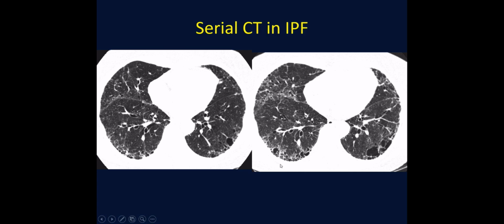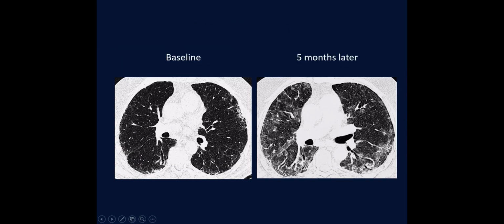Areas of reticular abnormality progress to honeycombing, and there is increasing extent of reticular abnormality. Here's a patient with UIP, confidently diagnosed, baseline, comes in short of breath 5 months later, gets, as you would expect, a CT that shows diffuse ground glass abnormality superimposed on the background fibrotic change.